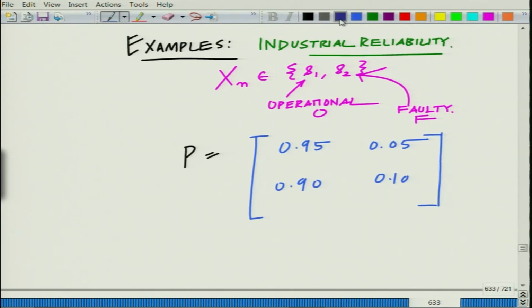Naturally, this is operational to operational, this is your operational to faulty, this is your faulty to operational, and this is faulty to faulty. Okay. So, this is the one step transition probability matrix.